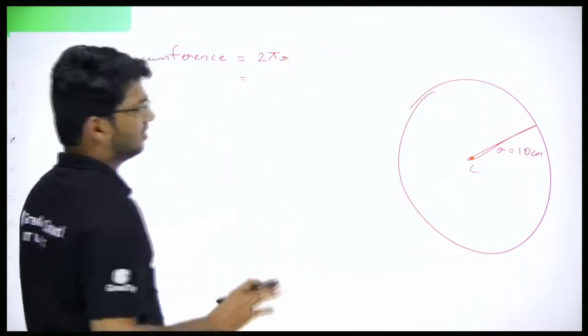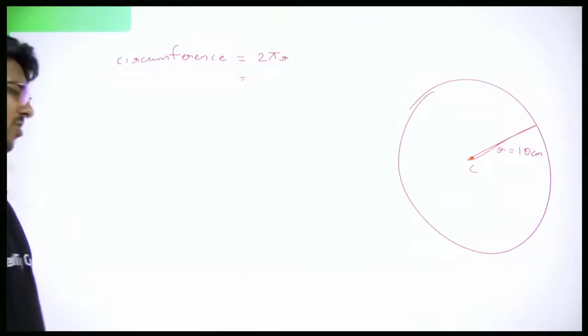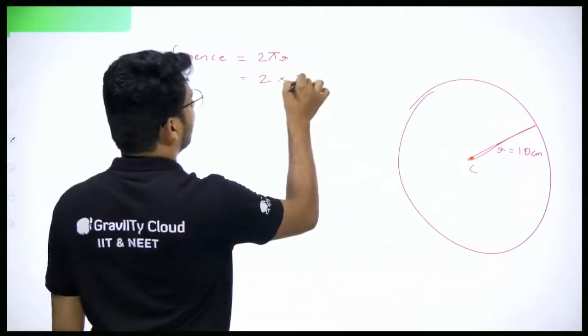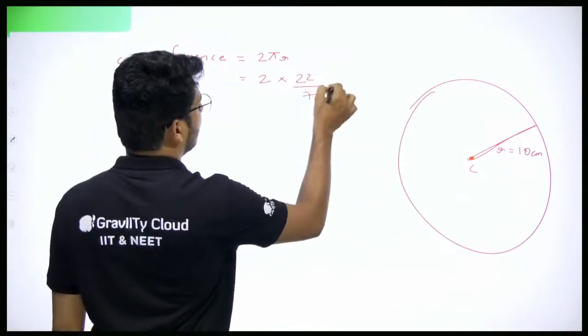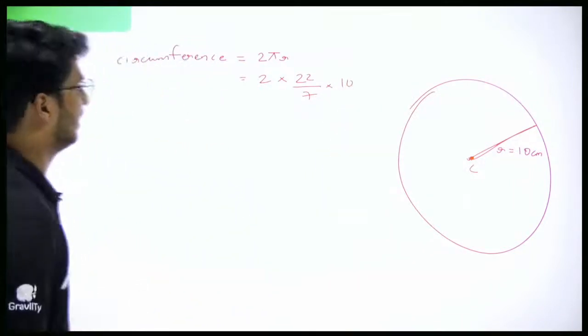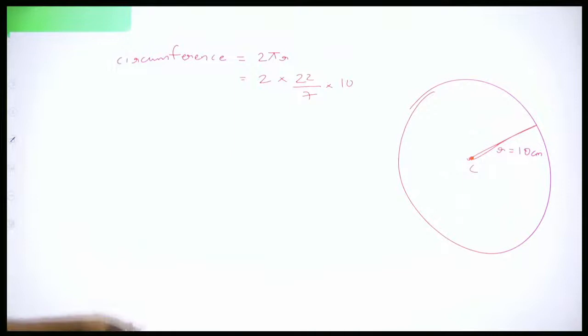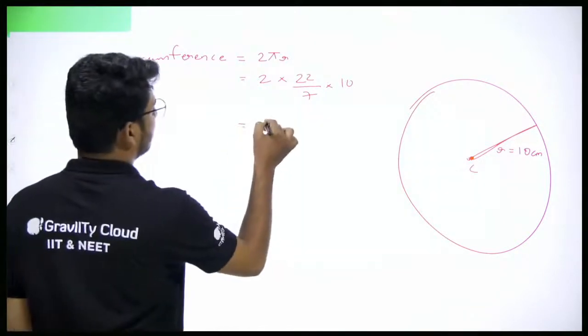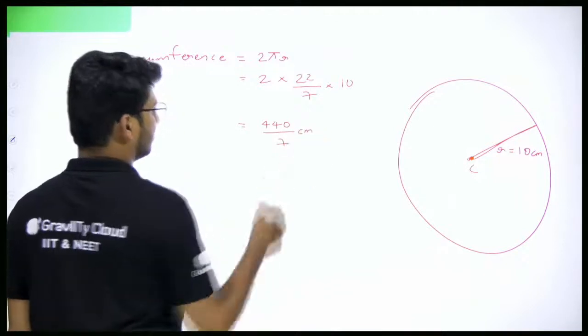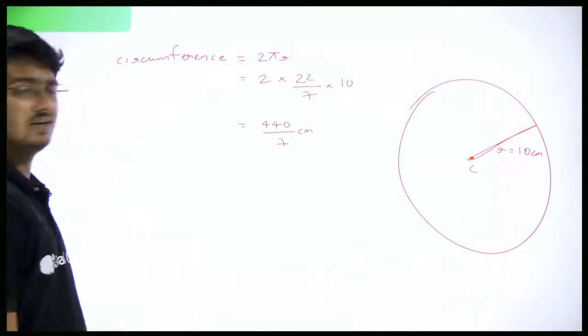You only have to remember the formula; where the formula came from is not required as of now. So 2 into pi, what is pi? 22 by 7. What is r? 10. Now we can do the calculation, and it will be 440 by 7 centimeter.